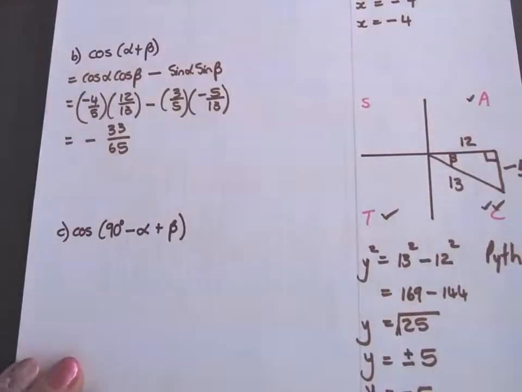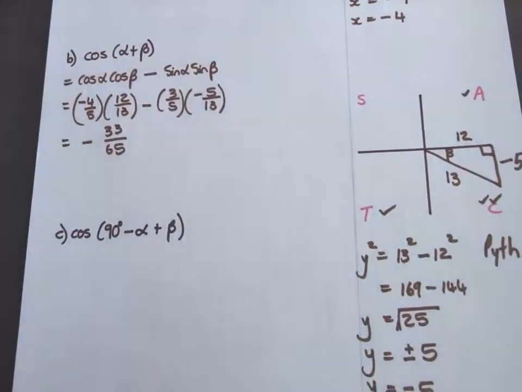Number C. This is our co-function. Can you remember co-functions from last year? Who doesn't remember? It's the 90 degrees minus or the 90 degrees plus.